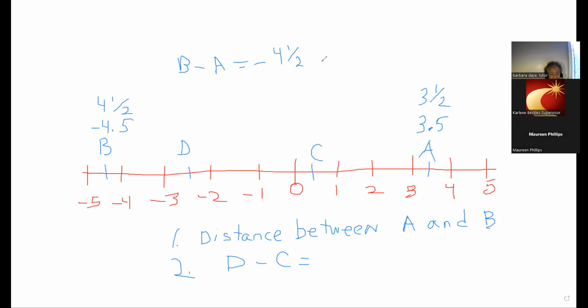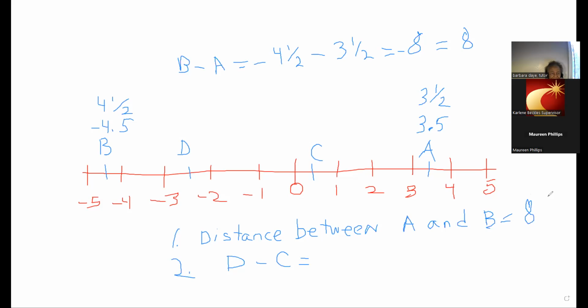All right, minus A, which is 3.5. What does that give you, Maureen? 8. That's right. Gives you a minus 8, and the absolute value of minus 8 is equal to 8. That's your answer. The distance between A and B is equal to 8.